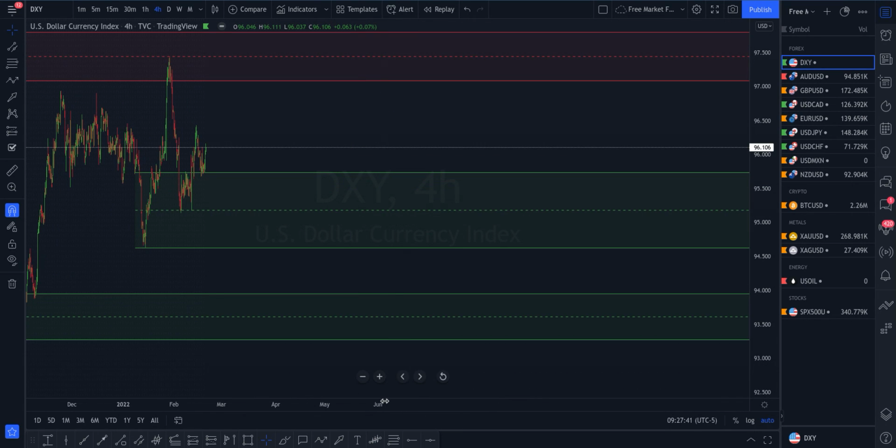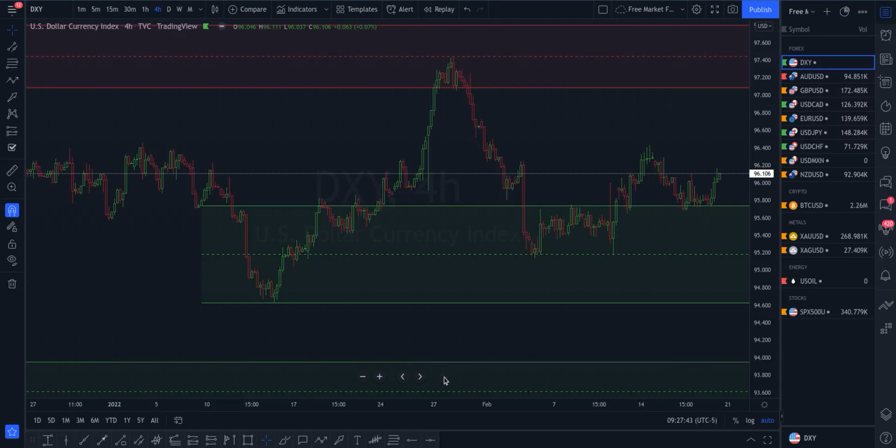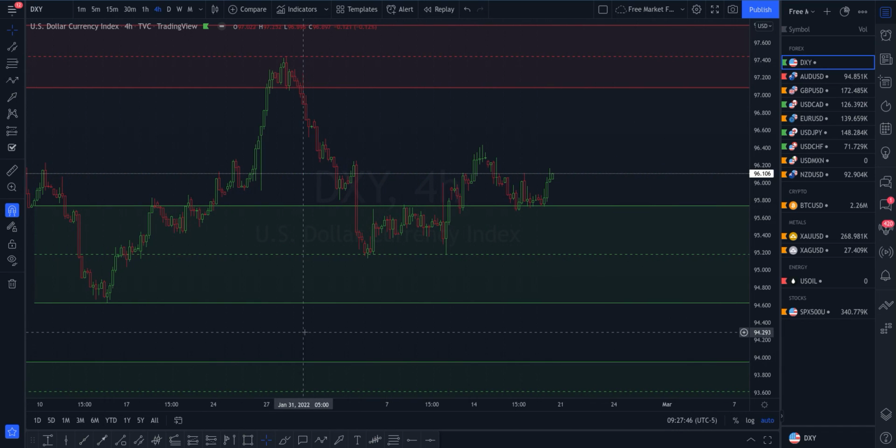From there, what I want to do is take a look at reasons to see this market head to the upside. I like to do that by taking a look at imbalance and rally base supply and demand zones.